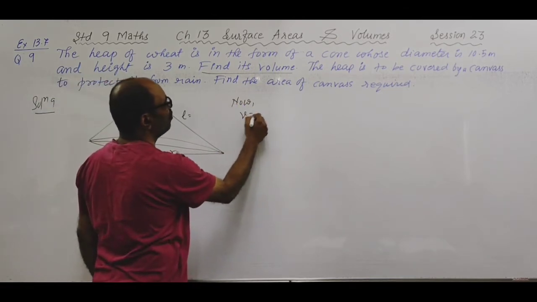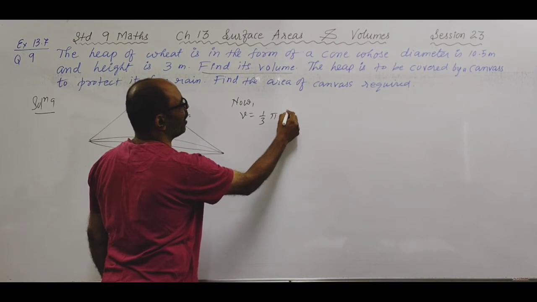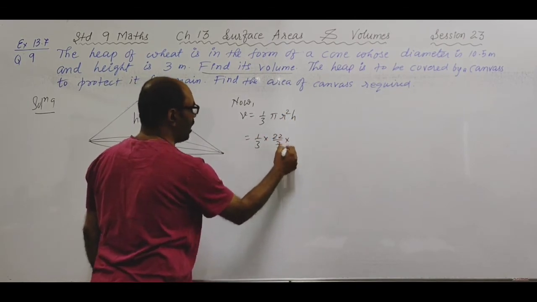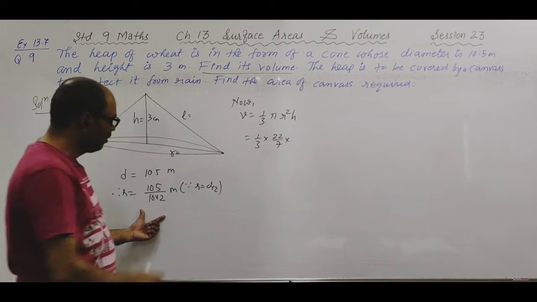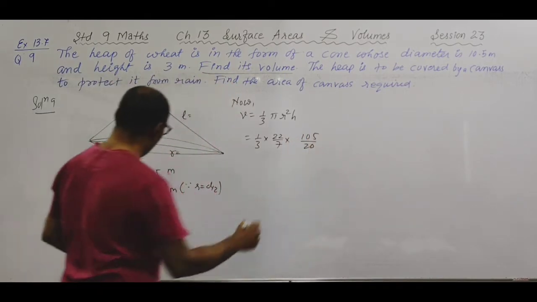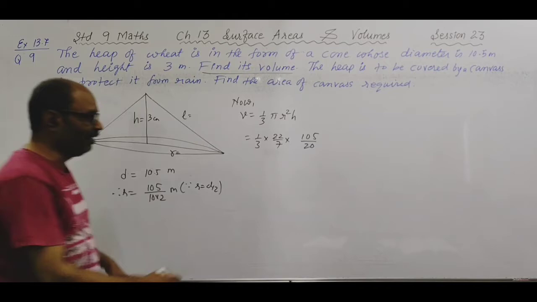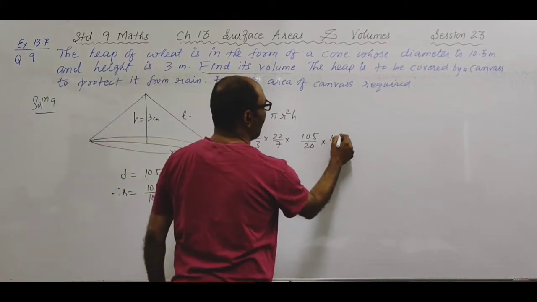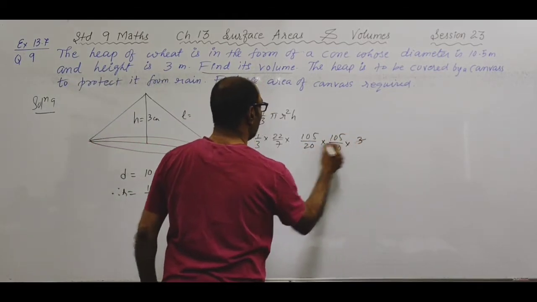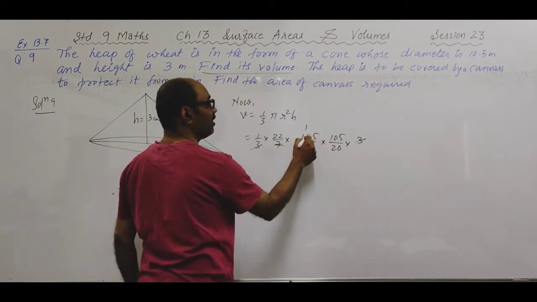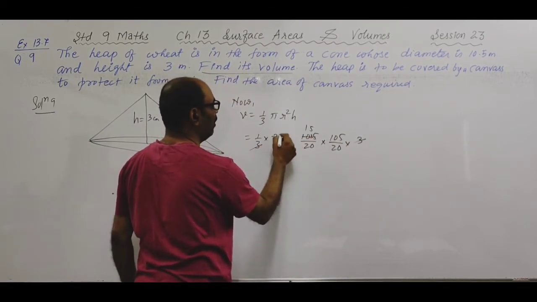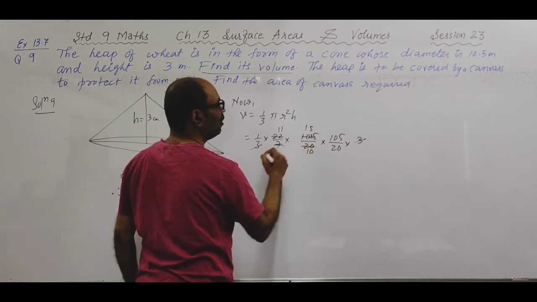Now volume is 1/3 pi r square h. 1/3 pi 22 upon 7 r square. ये 7 का इलाज है. 105 upon 20 लिख दूं. 10 2s are 20 and r square है so 2 times. All right, into h that is 3. 3 cancel. 7 1s are 7. 3 बचा 7 5s are. I think एक कैंसिल कर सकते हैं.